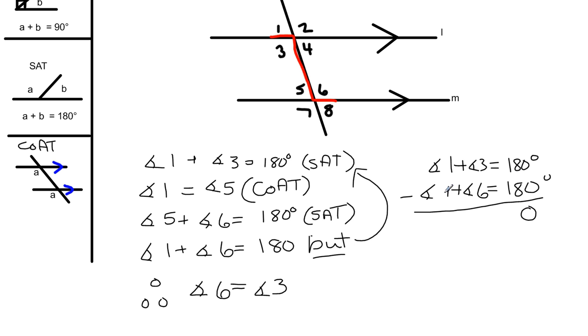The angle 1 take away angle 1 equals 0. The same values. You end up with plus angle 3 take away angle 6 equals 0. Move the angle 6 across the equal sign, and you're left with angle 3 equals angle 6. That's another way that you can show that these two angles are equal.